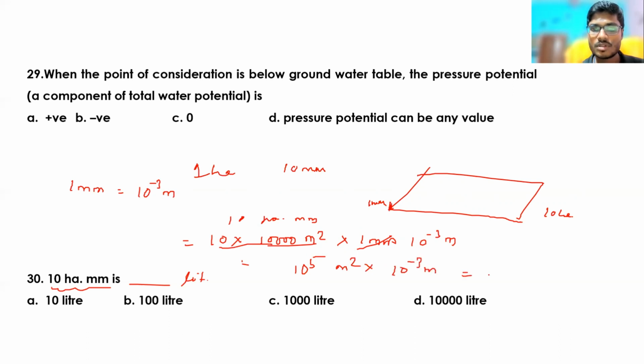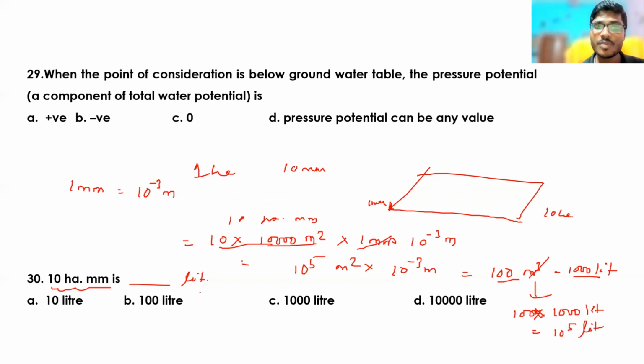So it comes to 10 to the power 1, that is 10 meter cube. And what is 1 meter cube? 1 meter cube is 1000 liter. So 10 meter cube is equal to 10 into 1000 liter, so it is 10 to the power 4 liter. So 1 hectare millimeter is 10 to the power 4 liter, and 10 hectare millimeter is 10 to the power 5 liter. Sorry, the option is not there. Take 10 to the power 5 liter as the correct answer.